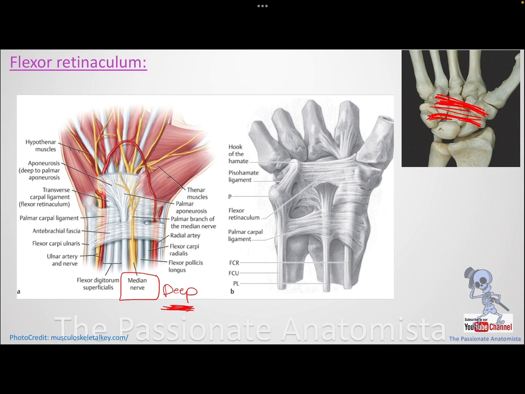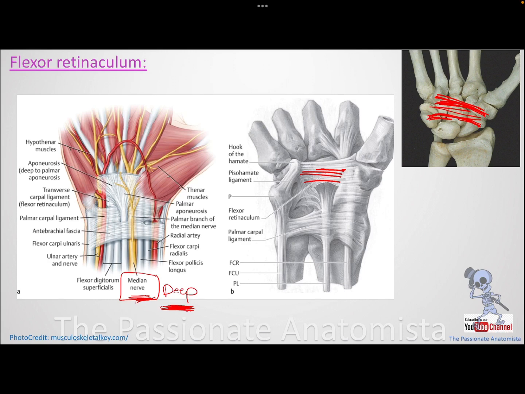It's a deep nerve, and it's very important information because later on we will talk about the carpal tunnel syndrome, and we will know that some people will have tightening in the flexor retinaculum, especially housewives who are doing a lot of house work. Because of overuse of their hand, they will get tightening, and that is going to press over the median nerve. Okay, so median nerve is a deep structure.